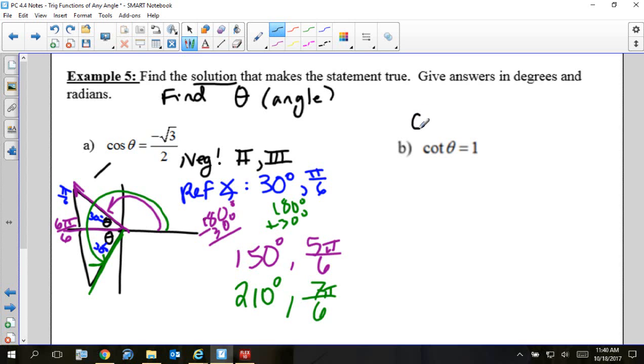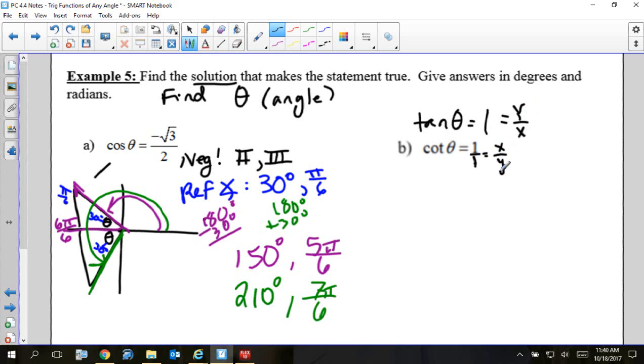Reciprocate 1? Okay, so what's the reciprocal of 1? 1 over 1 and reciprocate it? Okay, same thing. And you don't have to do that stuff. You can use cotangent. Tangent is y over x, so cotangent is x over y.